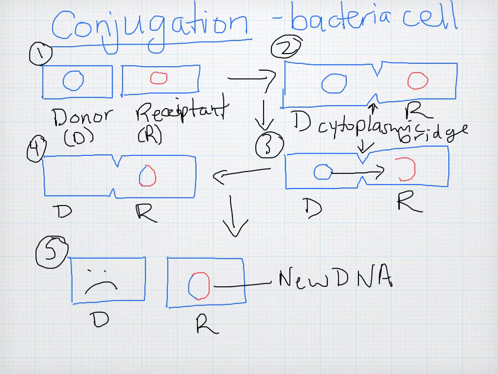And then it joins together. And the donor is left with no DNA. Then the cytoplasmic bridge closes, and we have a new cell with new DNA, and then we have our donor cell that dies. It's kind of a counterproductive reproduction.